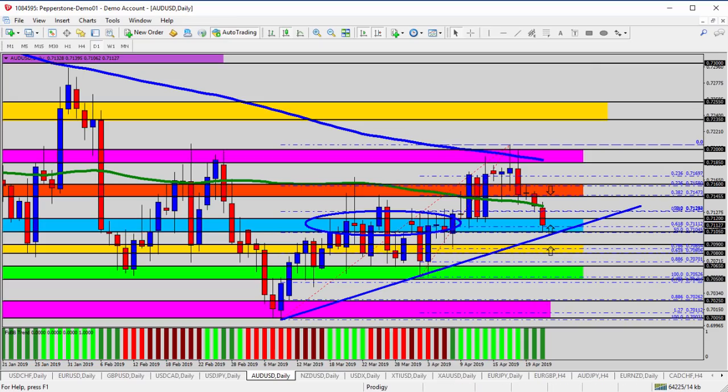So there's a good chance right now that we expect support here. Support would send it back potentially to the orange zone or higher. A break of that support would likely see it head down here to the yellow or possibly even the green shaded area. So we're at a very interesting juncture here for the Australian dollar today.